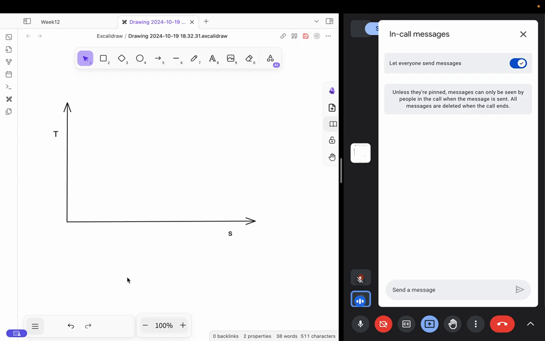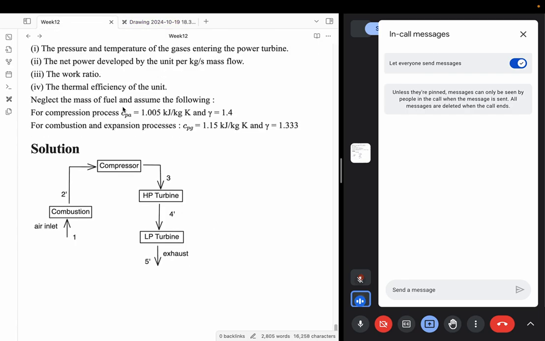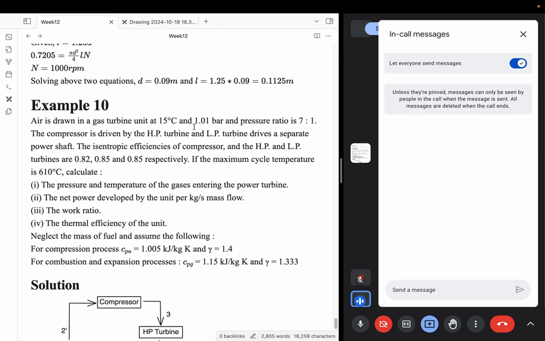The entire process is happening at two different pressures. In a Brayton cycle, that is what this compression ratio refers to. The lower pressure is 1.01 bar, and then there is a high pressure. The pressure ratio is 7:1, so the high pressure will be 7.07 bar.